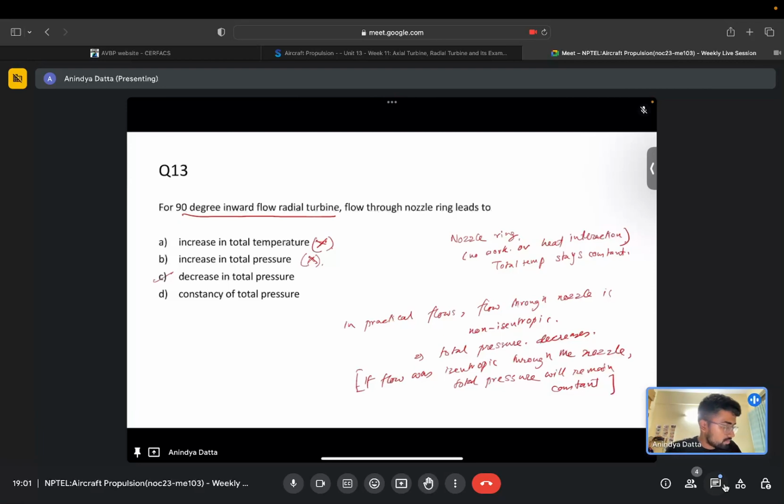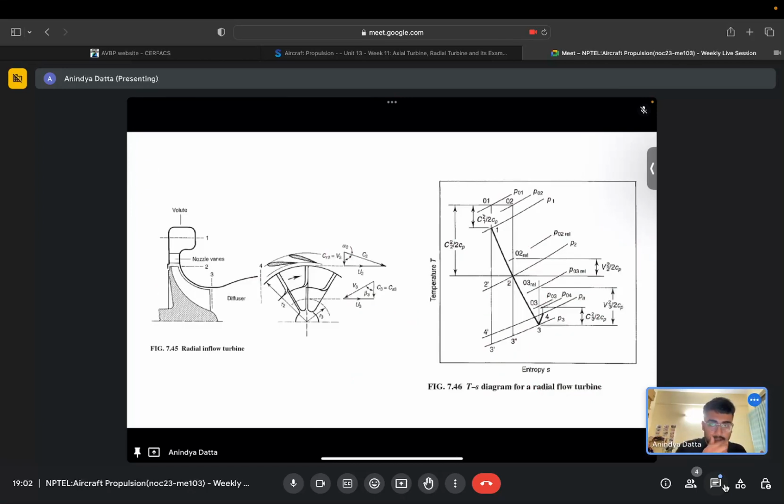If it's an ideal nozzle, the flow is isentropic, then the total pressure will remain constant. But as we know, in practical flows, the flows are non-isentropic, so the total pressure will decrease across the nozzle. Okay, so with this I will try to recap the radial flow turbine.